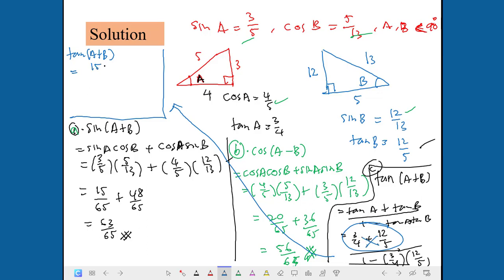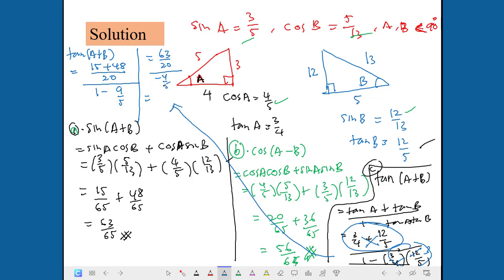15 plus 48 over 20, over 1 minus 9 over 5. Up here, 15 plus 48 is 63 over 20, over 1 minus 9 over 5, which is negative 4 over 5.